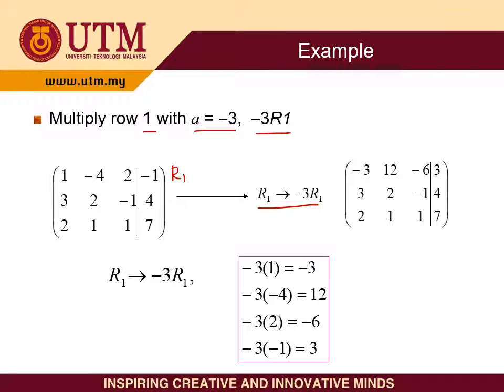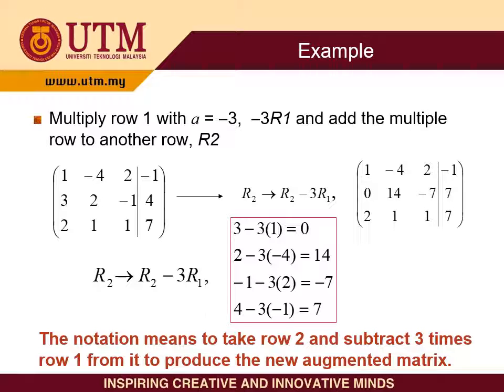So we multiply by -3: 1 becomes -3, -4 becomes 12, 2 becomes -6, -1 becomes 3. So everything in row 1 is multiplied by -3 and replaces row 1.